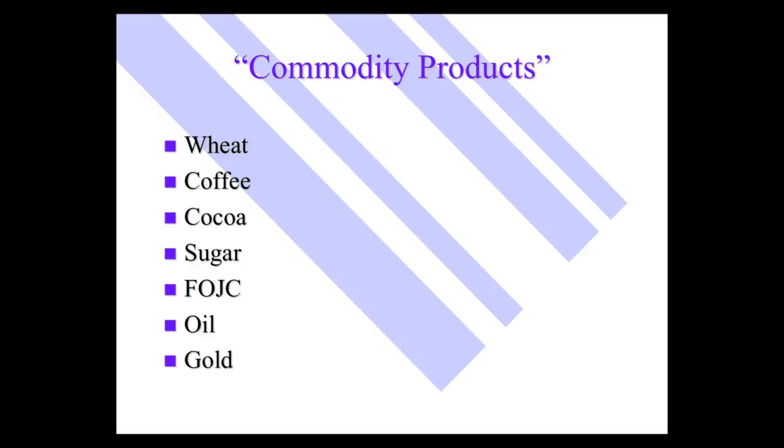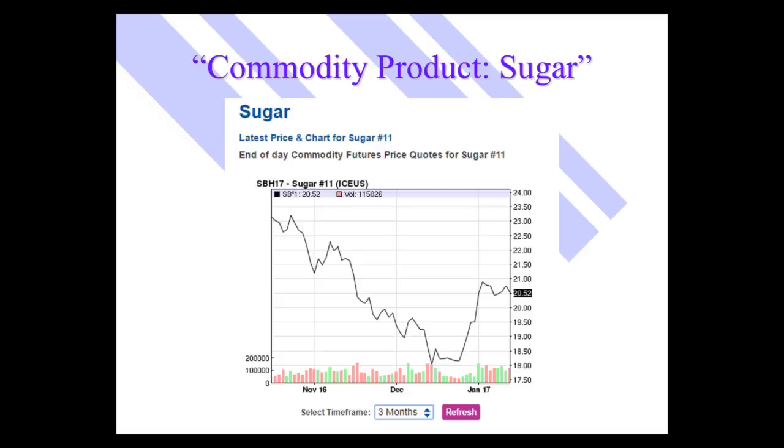Let's use sugar as an example. Sugar as a pure commodity: the price of sugar bounces up and down every single day. In fact, here's a graph of the commodity futures price quotes for sugar, and you can see that in mid-January, it settled at $20.52.